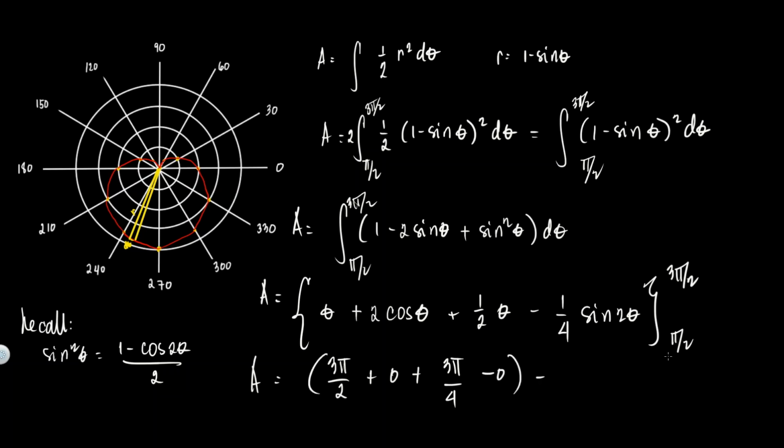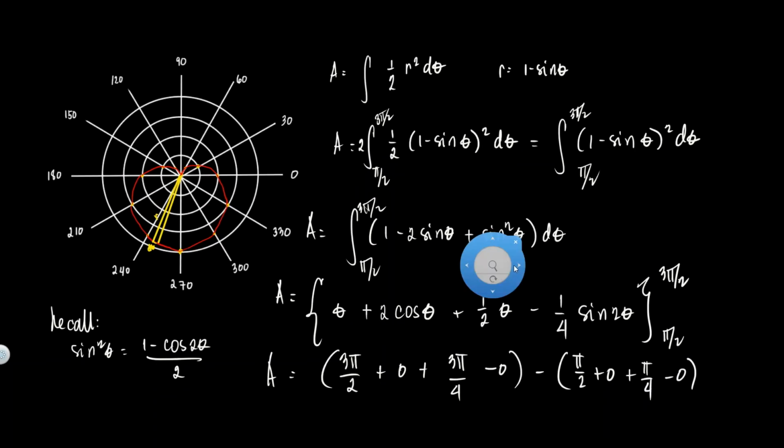Then minus the lower limit, pi over 2. So we have, substitute here, pi over 2. Then cosine of 90 or pi over 2 is 0. Okay, plus 0. Then 1 half pi over 2 or pi over 4 plus pi over 4 minus sine pi. Okay, sine pi is also 0, no? Also 0. So, yun na, no?